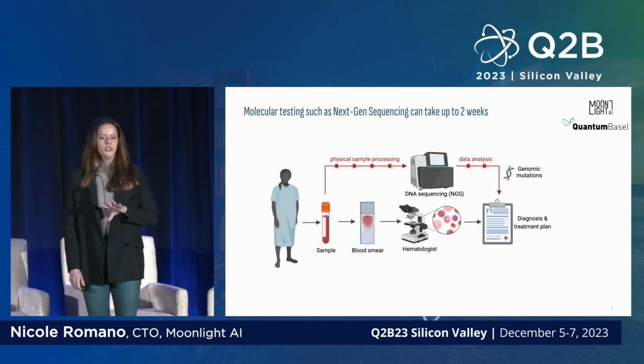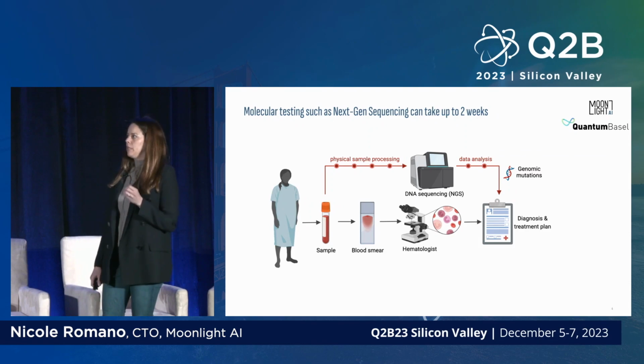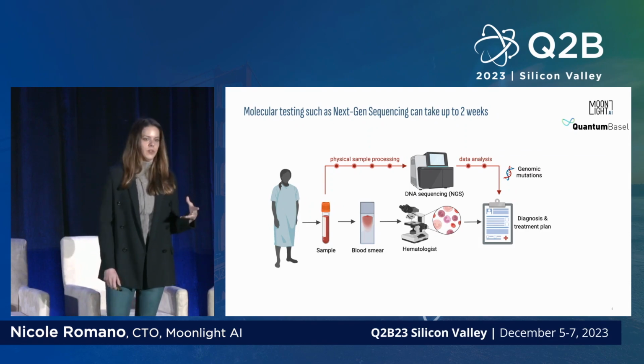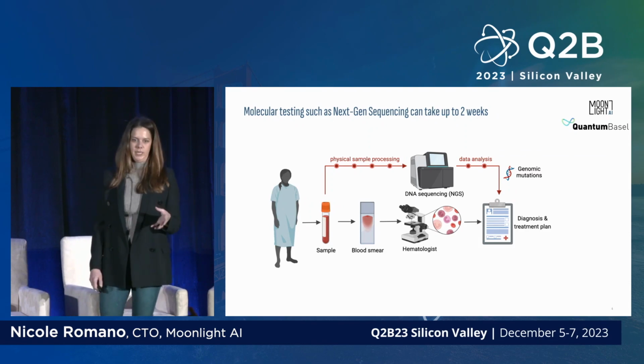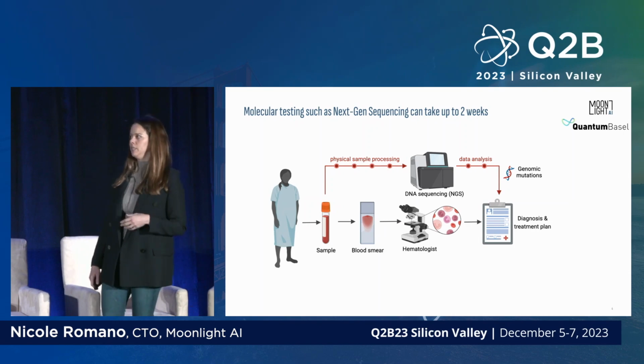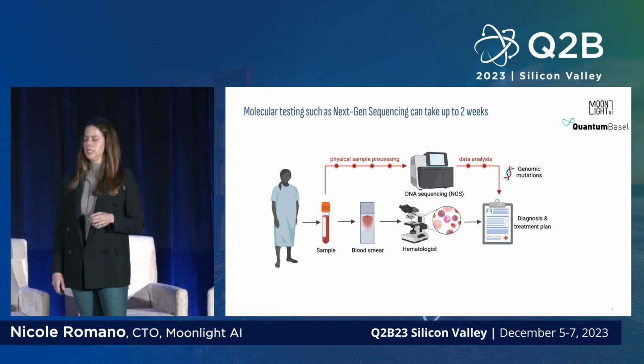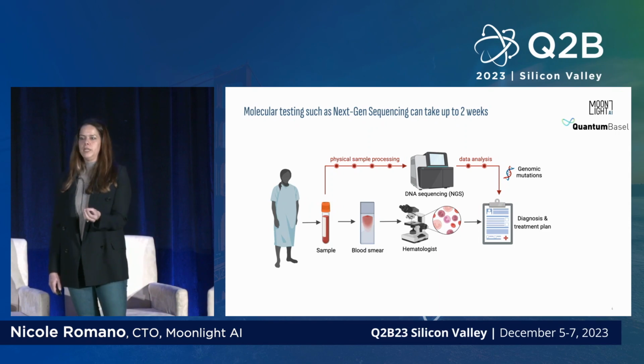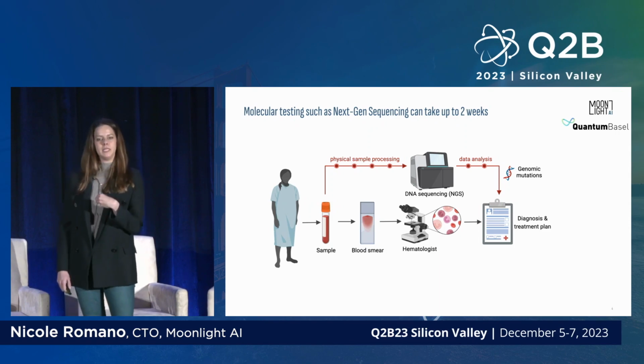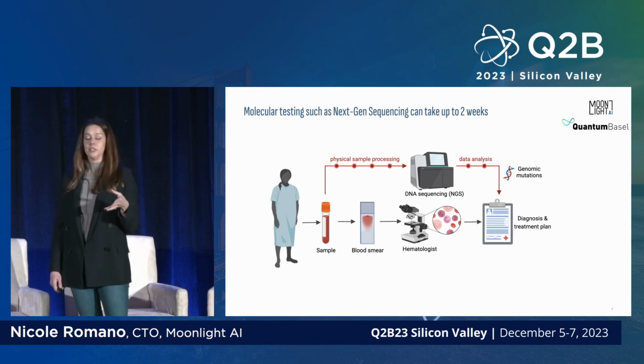In order to illustrate where we fit in, I want to start by showing an example clinical workflow. If you have a blood cancer patient and the hematologist treating that patient determines that they're ready for treatment, the first thing the hematologist is going to want to do is figure out what treatment the patient's eligible for. The hematologist will take a peripheral blood sample, and part of that sample she'll send to a diagnostic laboratory for molecular testing.